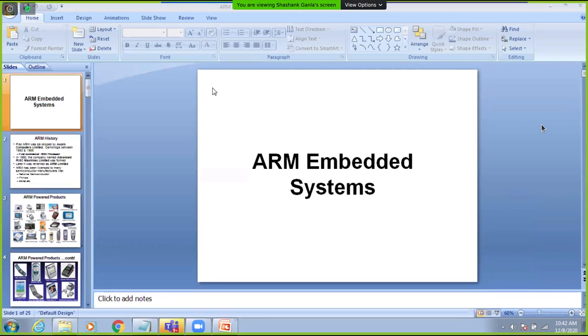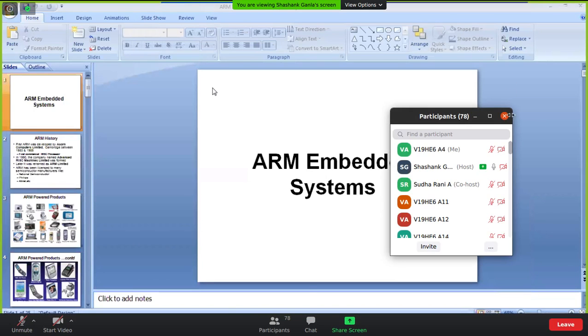And somewhere in the early 90s, the first RISC ARM architecture had been released. So though the architecture was introduced in the early 80s, the first RISC architecture had been released.